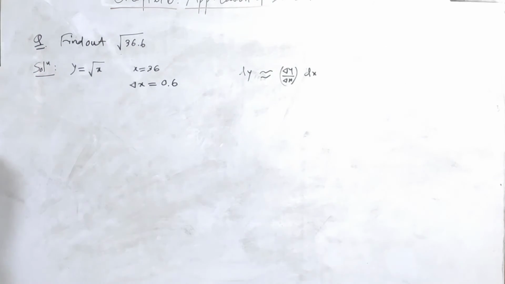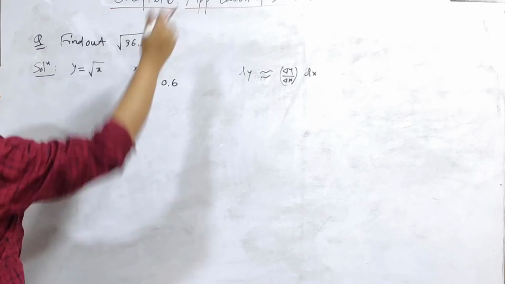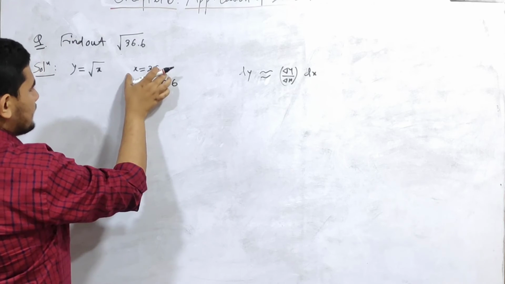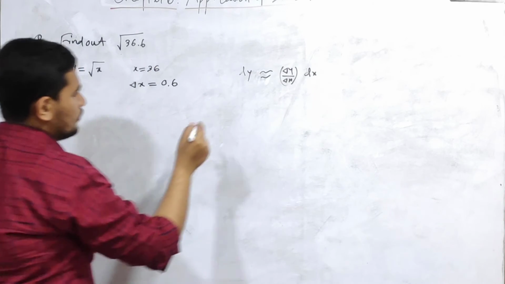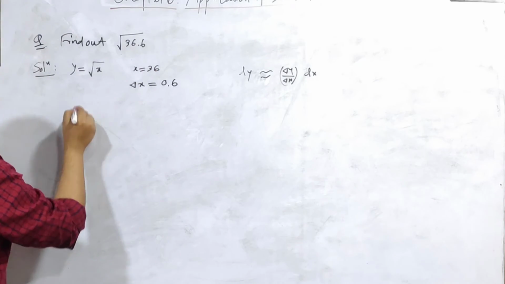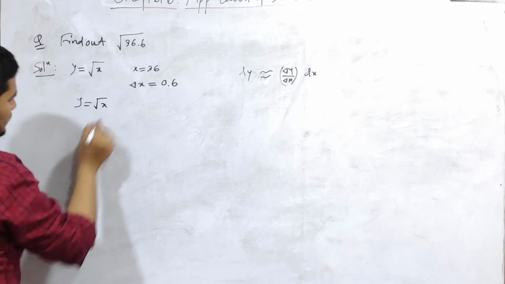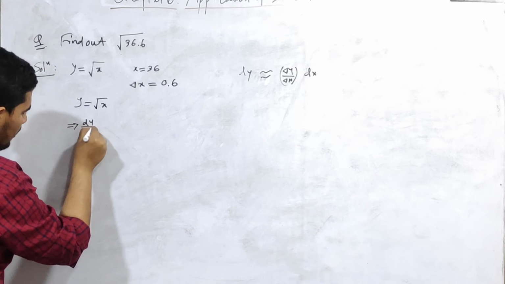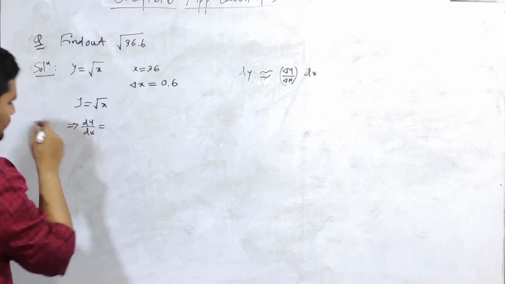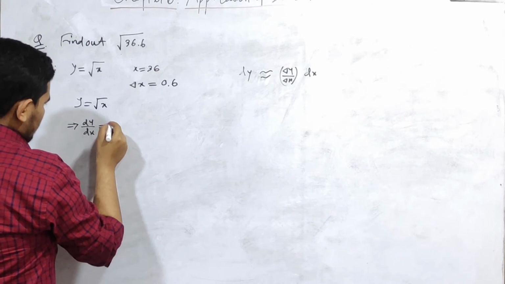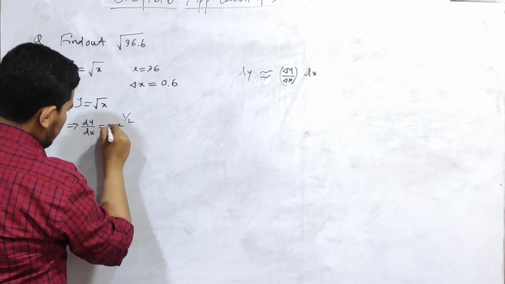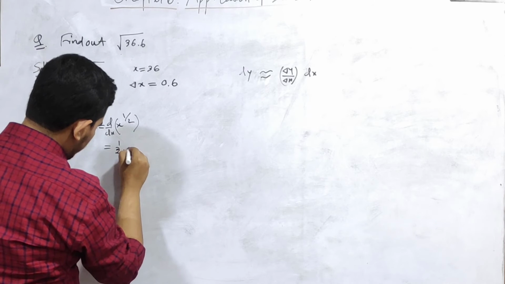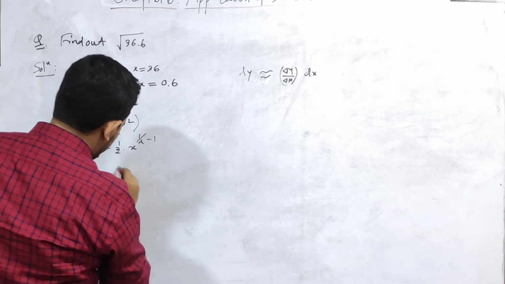So what I am going to write here is that I have already found x and del x, so I need to find dy by dx here. Here y equals root over x, so I am going to find dy by dx. So this will be x to the power half, so 1 by 2 x to the power 1 by 2 minus 1.